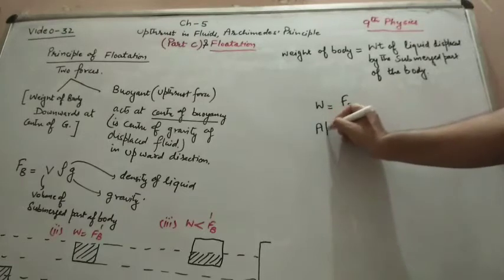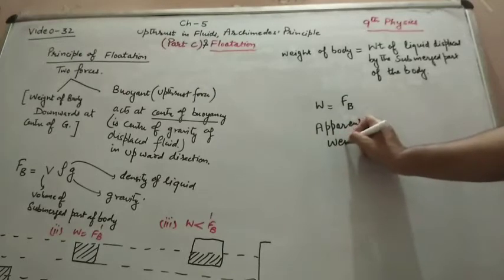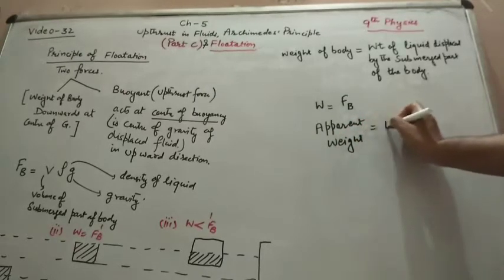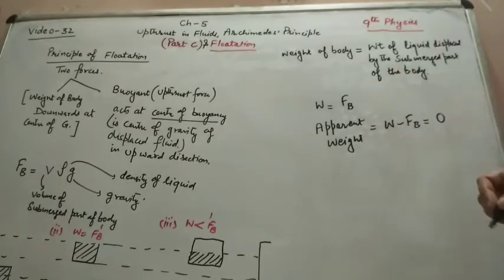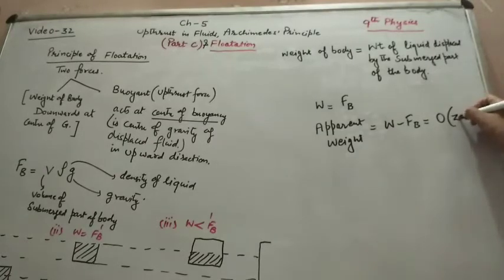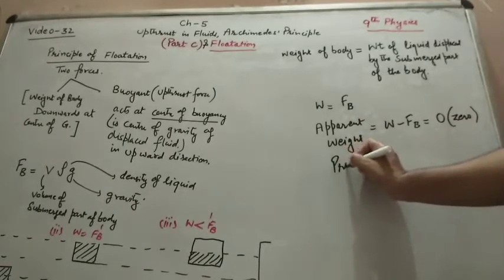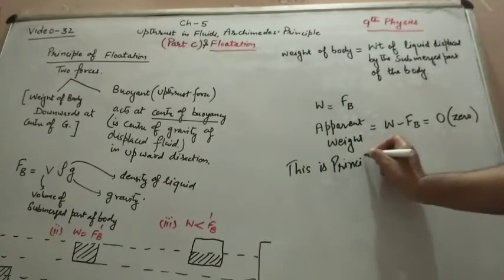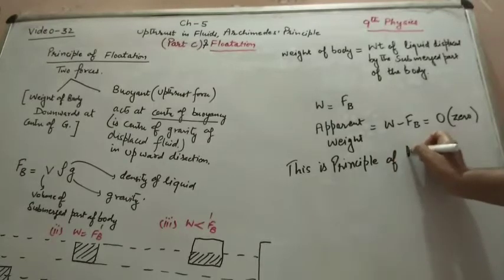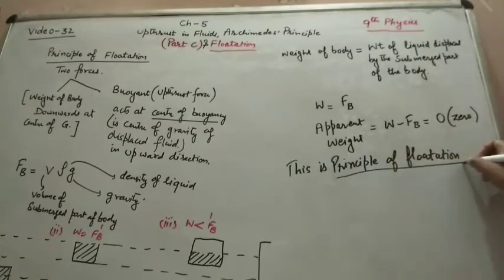So what will be the apparent weight? It is equal to W minus FB. So in the above case it will be 0 because both are equal. Now this is the law of flotation, or principle of flotation, in which apparent weight is 0.